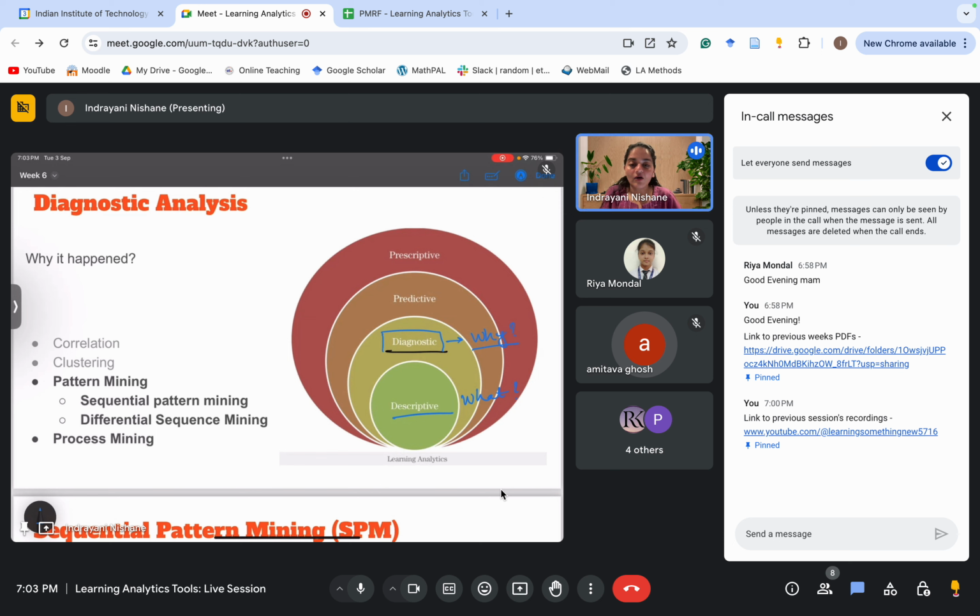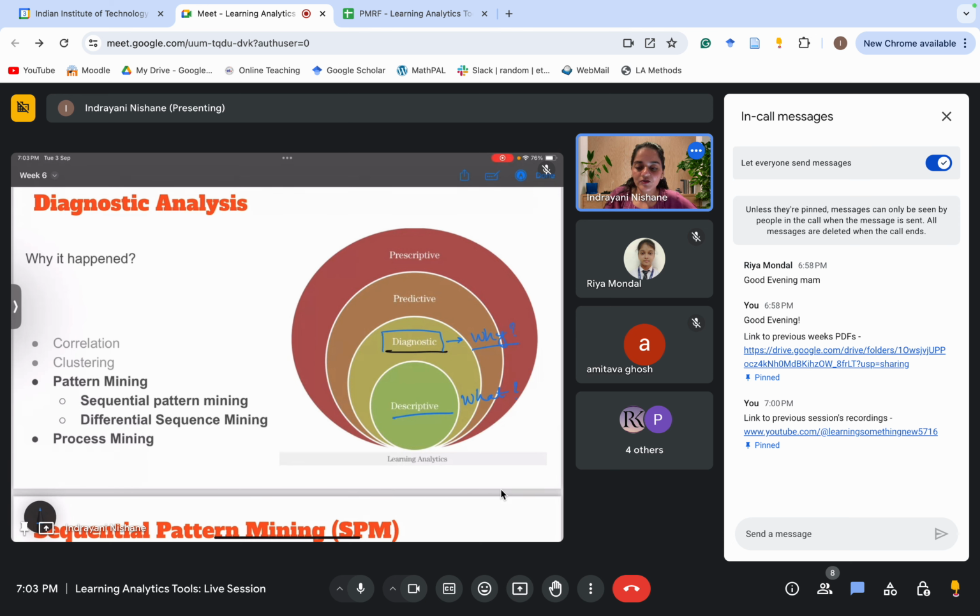So why has a particular thing happened? We are mainly dealing with learning analytics, where we use log data or learners' actions to understand how learning is happening and what different learning processes students undergo. So it is very important to know what made a particular student reach a particular result.